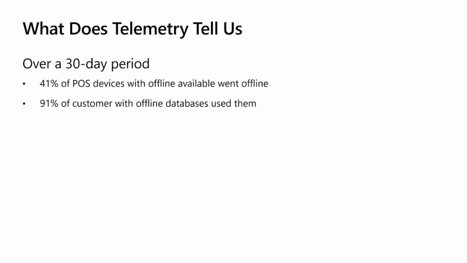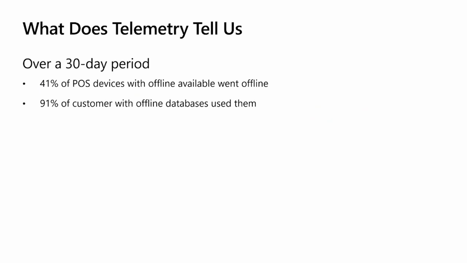So what does the telemetry tell us? A quick query over the last 30 days, and we're talking about 91% of customers who have offline databases use the offline databases. And then from there, to really dive in, of all the offline databases that even exist, just in the last 30 days, we're talking about 41% of them going offline.